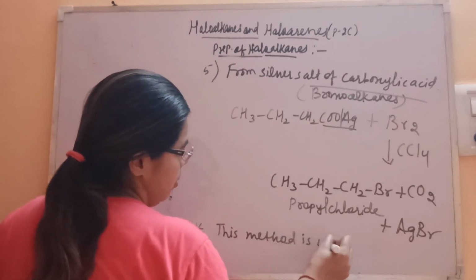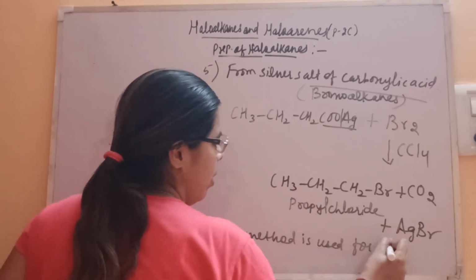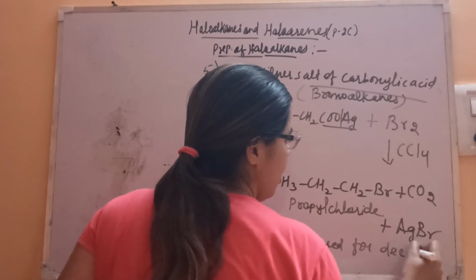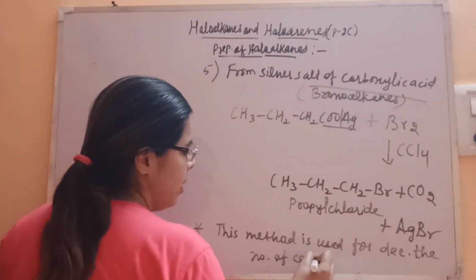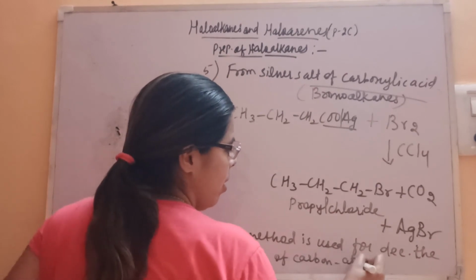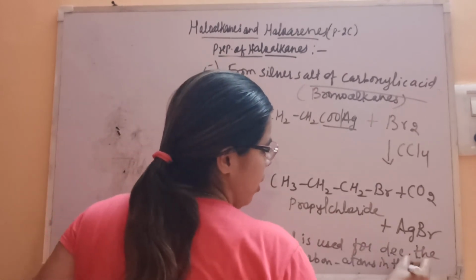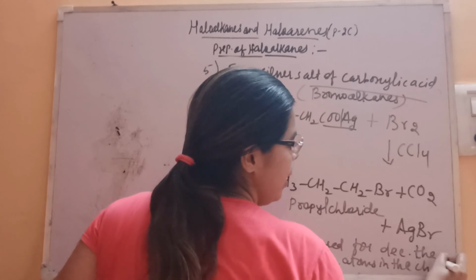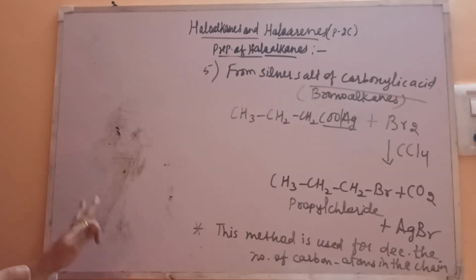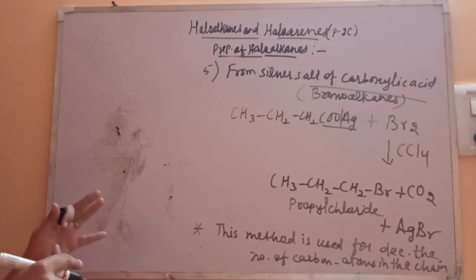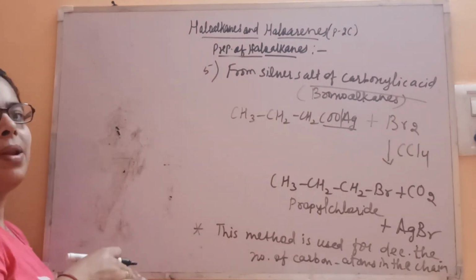So you can say that this method is used for decreasing the number of carbon atoms in the chain. So this will help you in the conversion, because see, we started with 4 carbons, but we are getting 3 carbon atoms only in the chain. So this method is a very good method to reduce the carbon atoms. Fine.